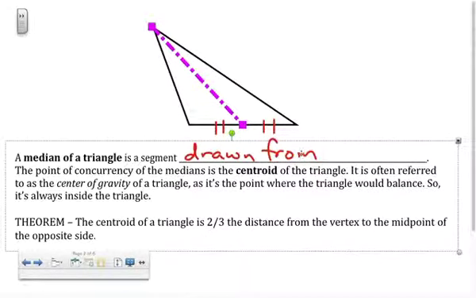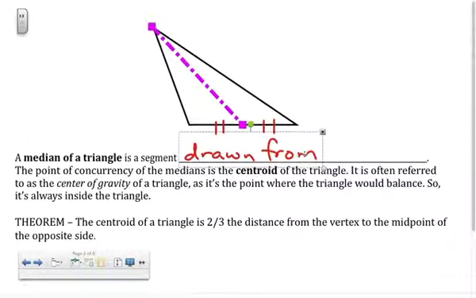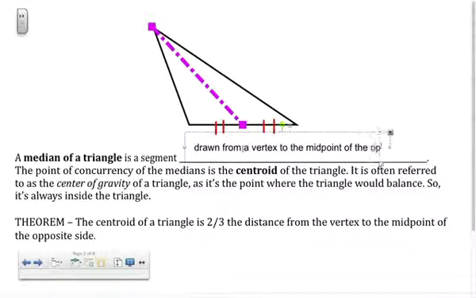It's going to be one of those days. There we go. Okay. It's drawn from a vertex to the midpoint of the opposite side.